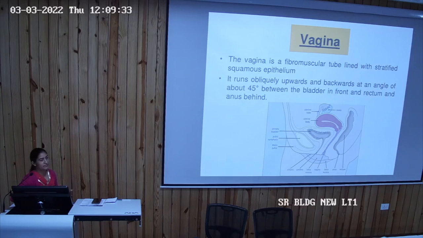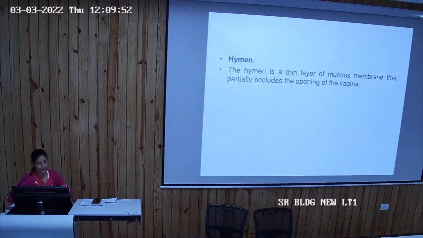It is a non-keratinized stratified squamous epithelium, and this is the oblique passage, directed upwards and backwards at an angle of 45 degrees, in between the rectum and the bladder. Then the hymen, which is lying in the vagina, is a partial covering of the vagina.